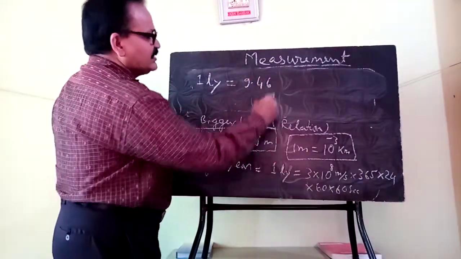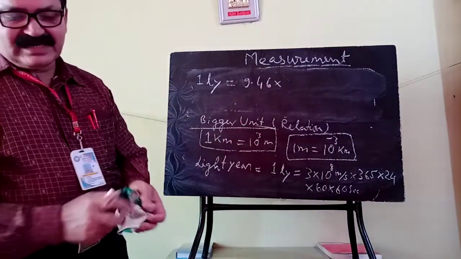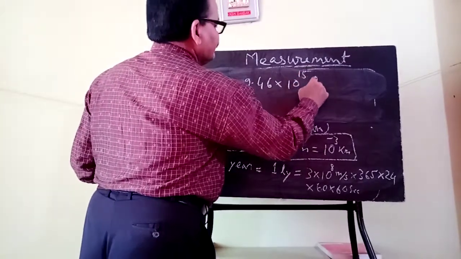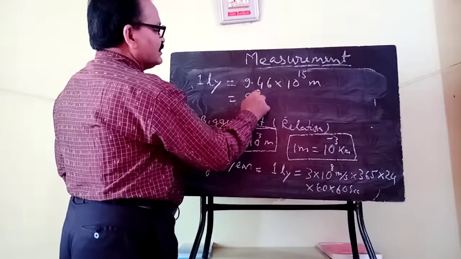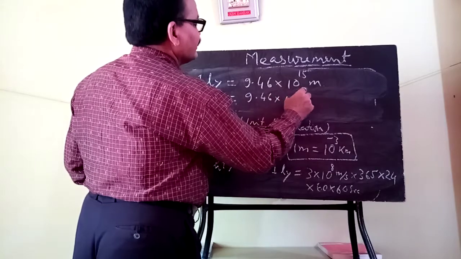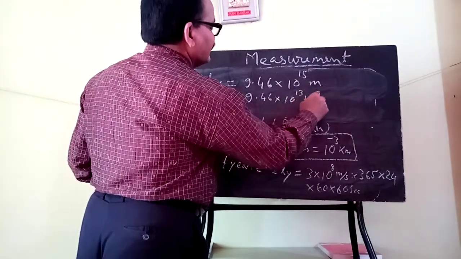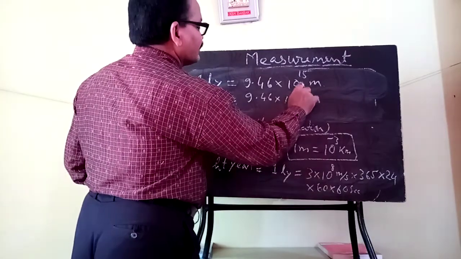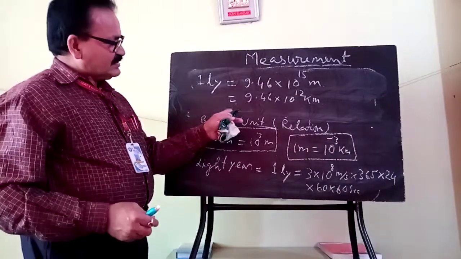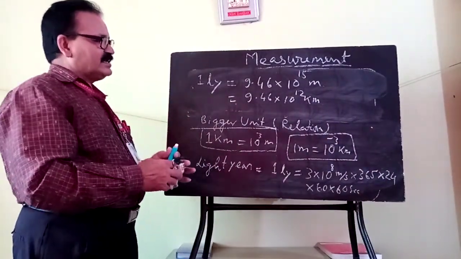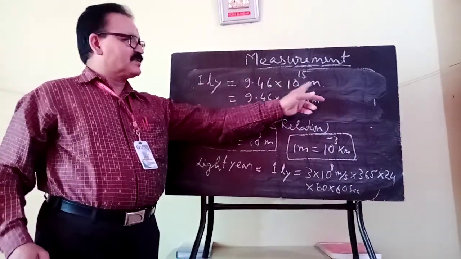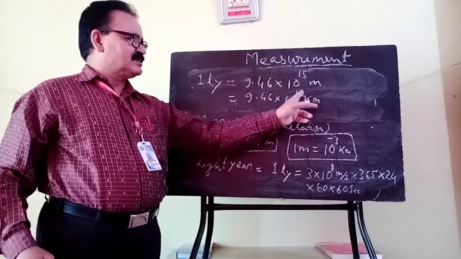After multiplying all this, you will have 9.46 into 10 to the power 15 meter, which is equal to 9.46 into 10 to the power 12 kilometer. So these are the relations of light year and SI unit, that is 9.46 into 10 to the power 15 meter and 9.46 into 10 to the power 12 kilometer.